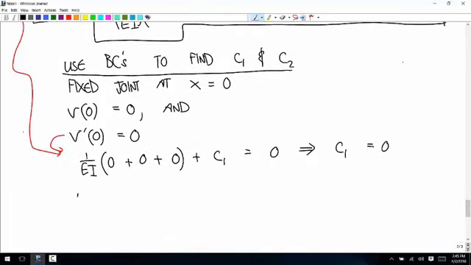And so now we can update what we know about our deflection function.